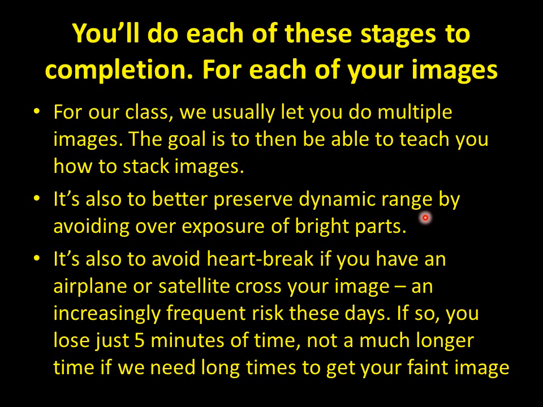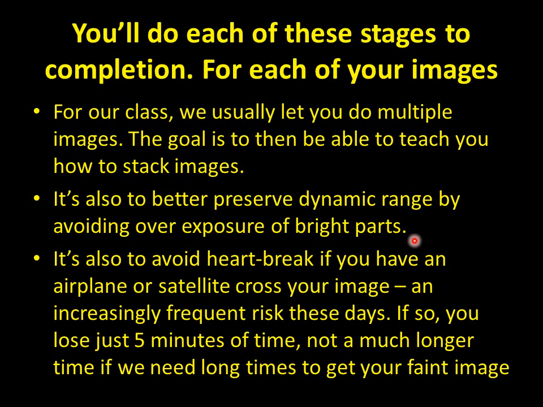But there's another reason, and that is, we've got airplanes and more and more satellites crossing, and it's possible you might have one of those cross your image. I usually see it on at least 1 or 2 images for each class every semester. Usually those aren't so easy to correct for. So if you get one of those across your image, typically if we're right there at the telescope and we notice it, then I'll let you get another image.